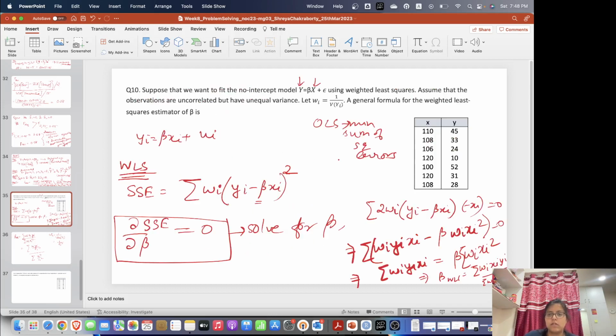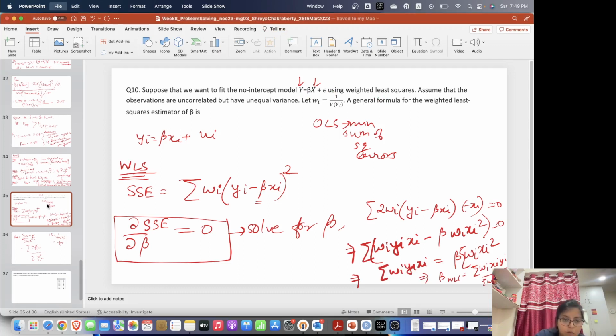For the timing, just ignore this one, or I'll delete this, that's better, I think. One second. So this is a general formula of weighted least squares.